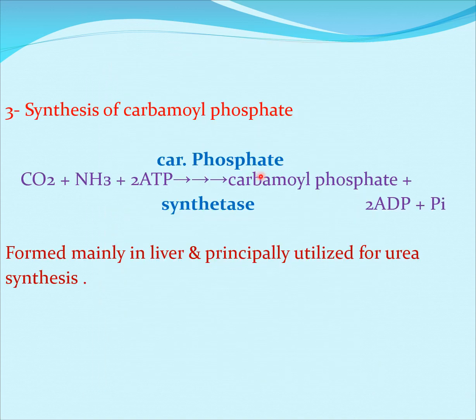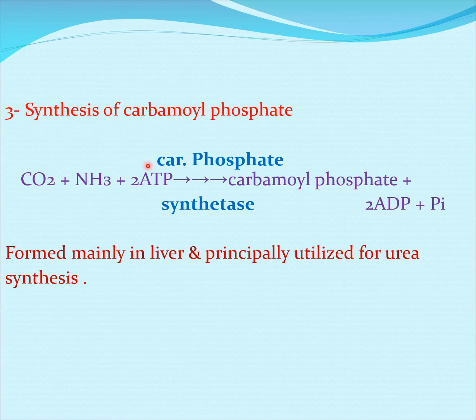This is very important. We say that the first route to deal with ammonia is converting it into glutamate by combination with alpha-ketoglutarate. The second one is converting it into glutamine by combination with glutamate. And the third important way of disposal of ammonia, and the most important way, is by synthesis of carbamoyl phosphate.